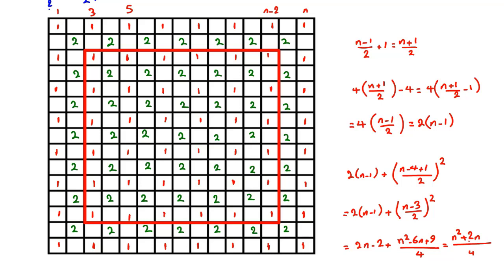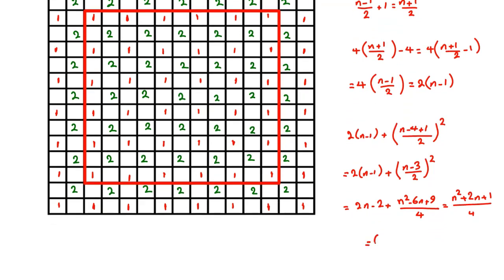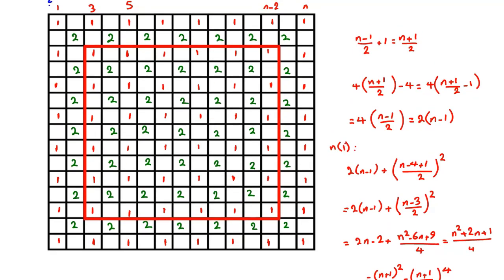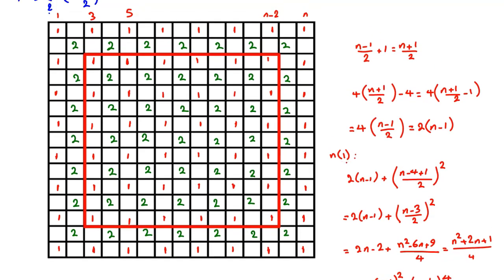Minus 4 times 2, 8 minus 8 plus 9 is 1. So it will be n plus 1 squared over 4, or n plus 1 over 2 whole squared. It was the number of ones that we've calculated with induction.